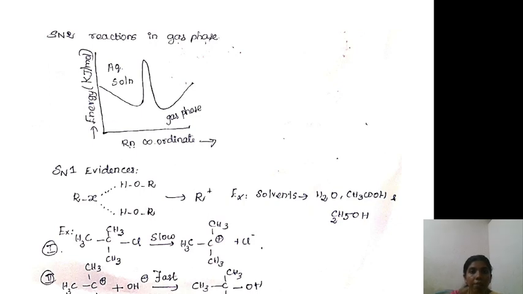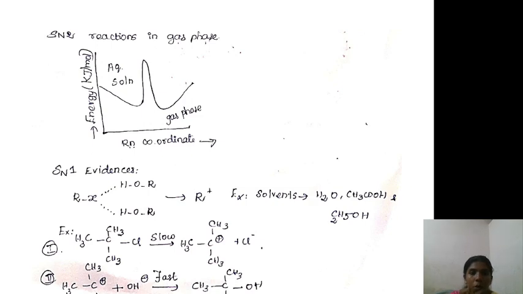The following graph shows the aqueous solution value gradually decreasing and then reaching a minimum. The graph reaches that point at a particular place, then gradually increases. So from aqueous solution to gas phase, SN2 reactions become possible with increasing rate.